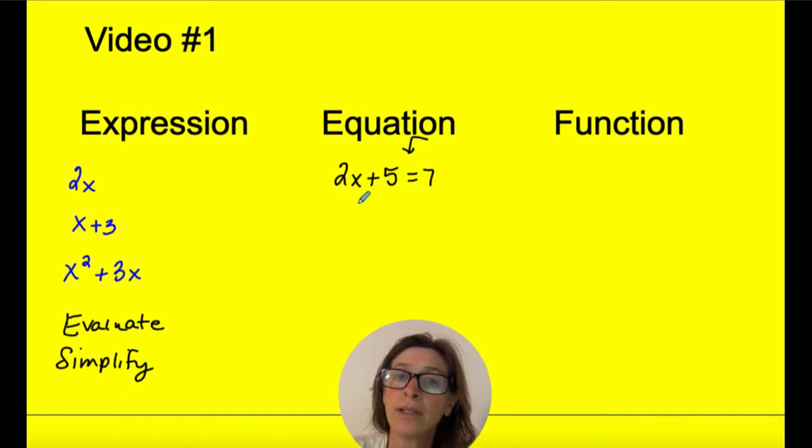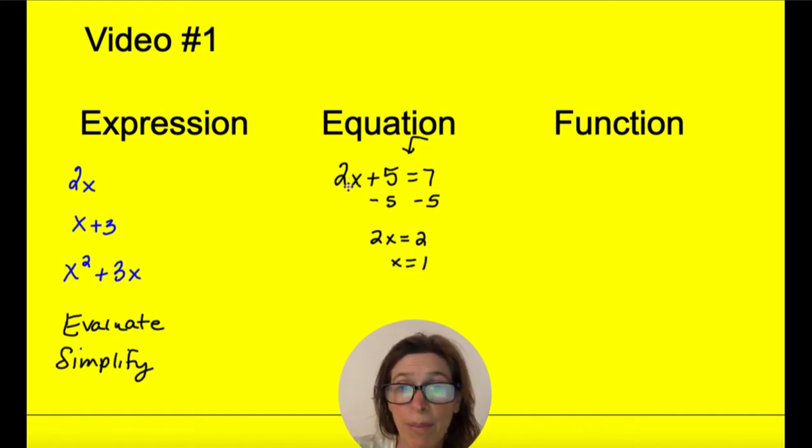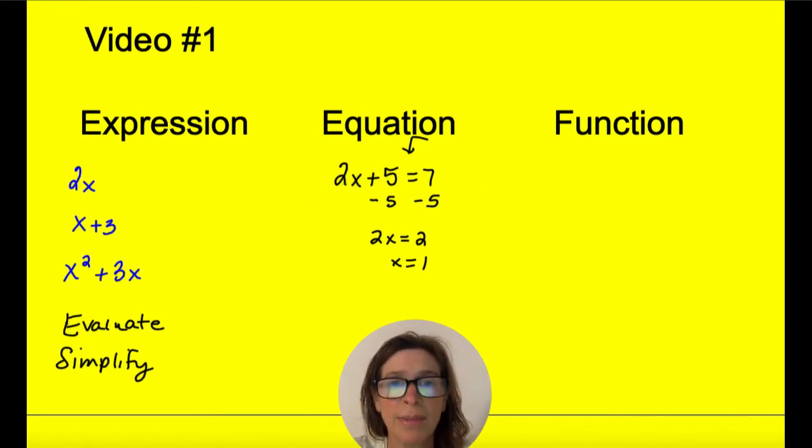So, for example, if I were to subtract 5 to solve this, I get 2x equals 2, so x equals 1. 1, if I substitute it back in for x, is going to make 2 times 1 plus 5 equal to 7. So it'd be a true statement. So we solve equations, okay?